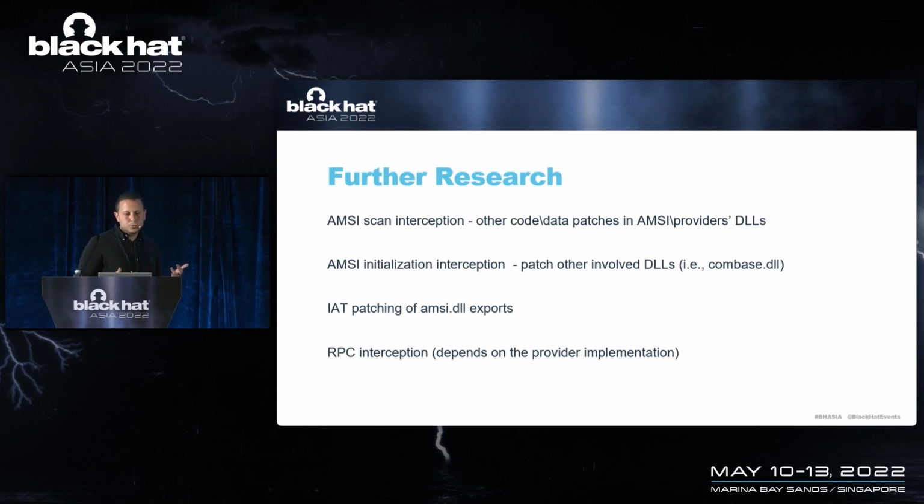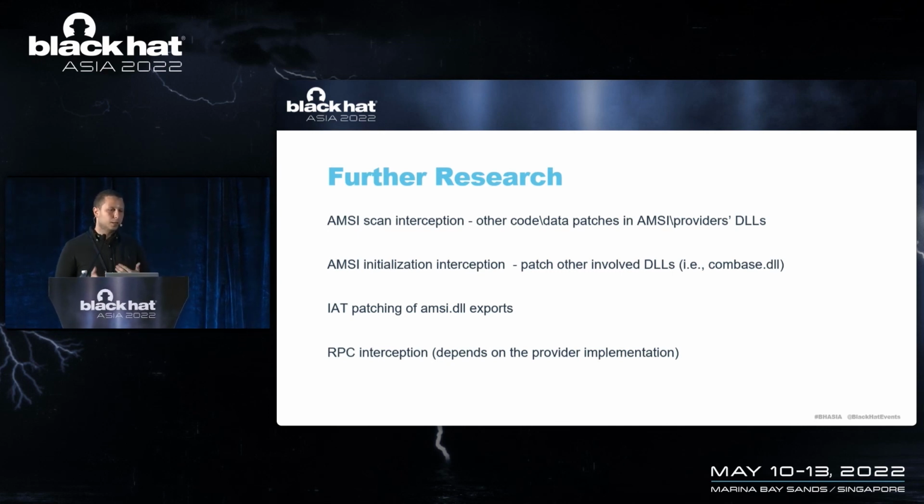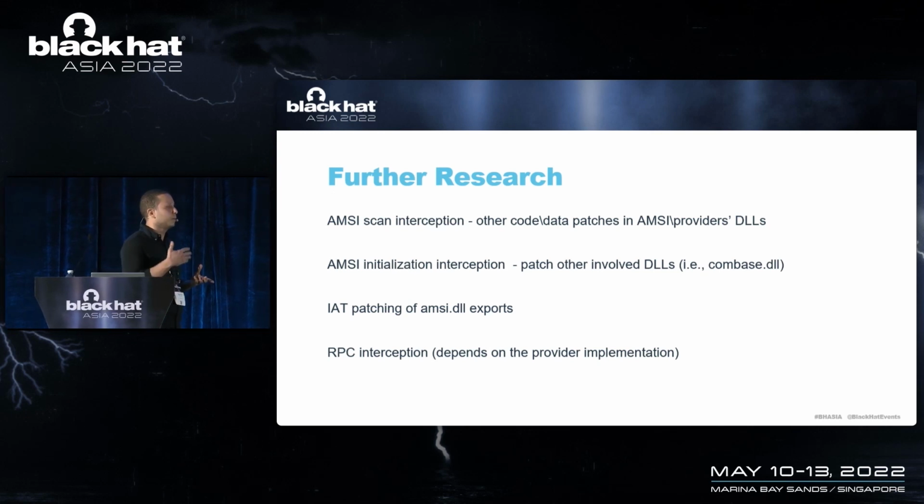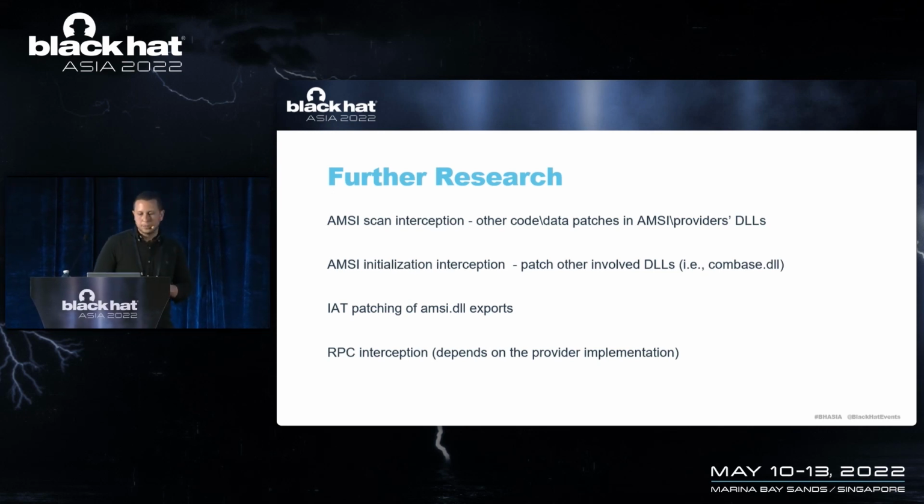We can also try patching the AMSI DLL, but it's not a reliable or easy technique. RPC interception is another option that depends on the implementation of the provider. Microsoft Defender performs RPC requests, and because we live in the same memory space as the provider, we might be able to intercept RPC requests made by the Defender provider.